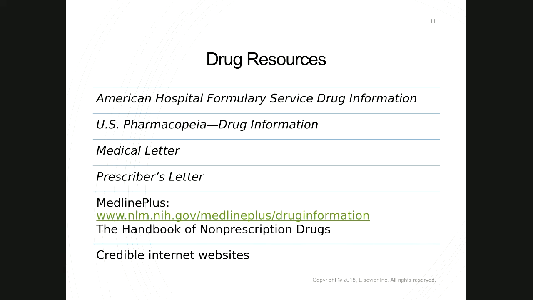FDA has sped up the studies on the medication that's being approved for the coronavirus that was actually used to help treat Ebola patients. I'm going to spell it for you. It's REMDESIVIR.